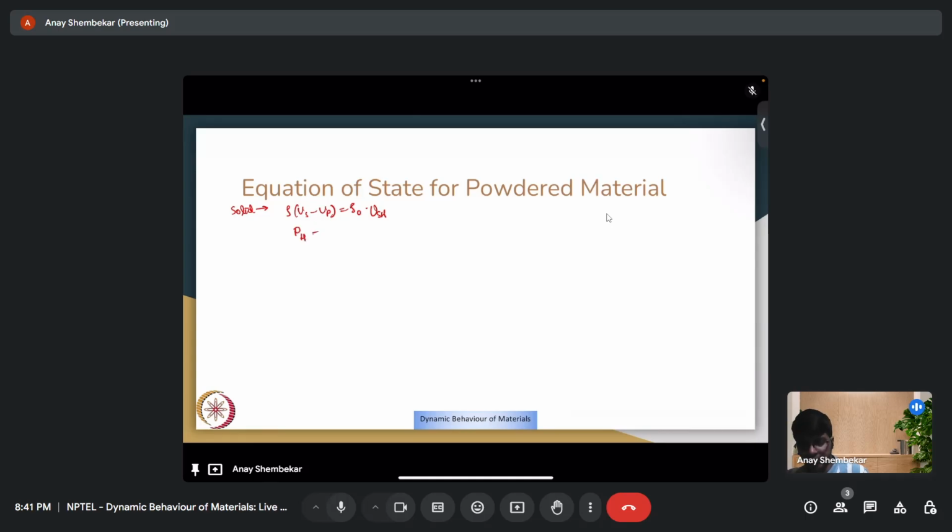Momentum conservation for the solid would be rho naught Ush Uph, and energy conservation would look like half Ph times V naught minus V, assuming the initial state to be the reference. So that is important. And this is my equation of state.